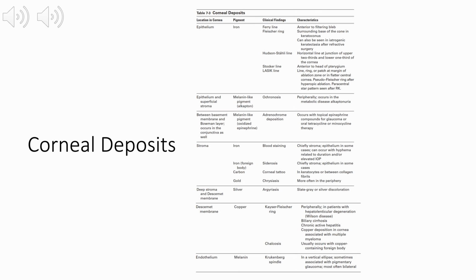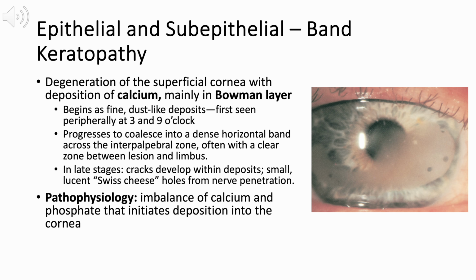Band keratopathy is the degeneration of the superficial cornea characterized by the deposition of calcium primarily in the Bowman layer. It begins as fine dust-like deposits that are first observed peripherally at the 3 and 9 o'clock positions.